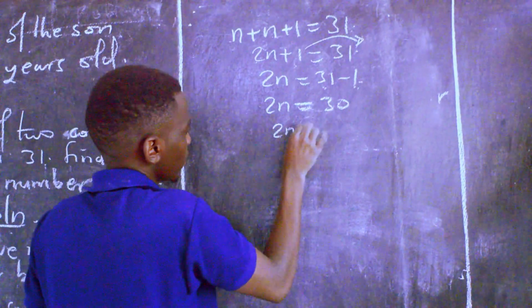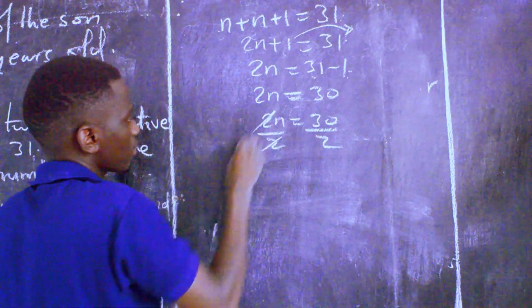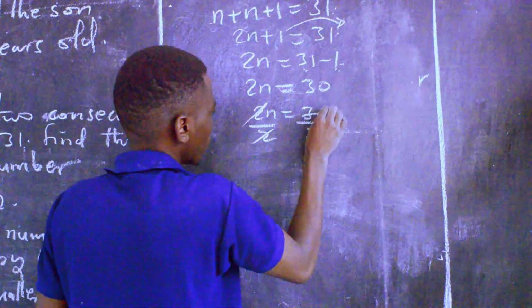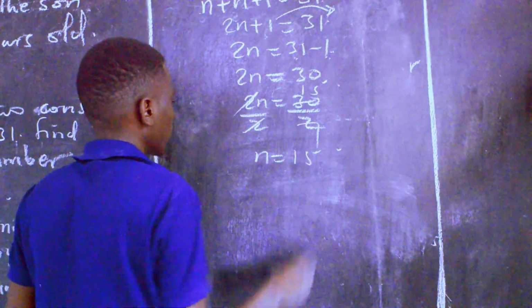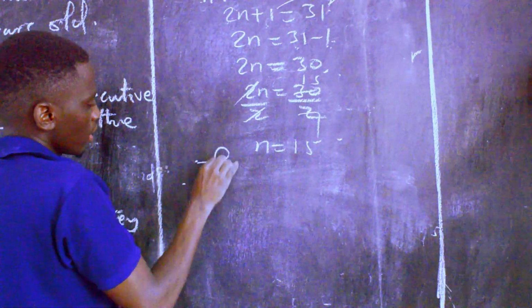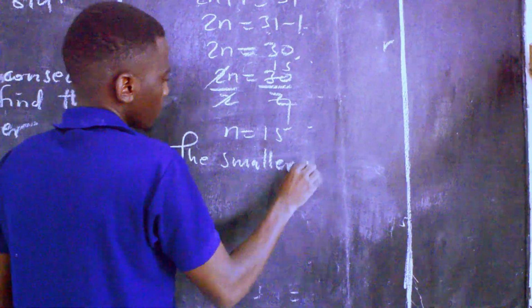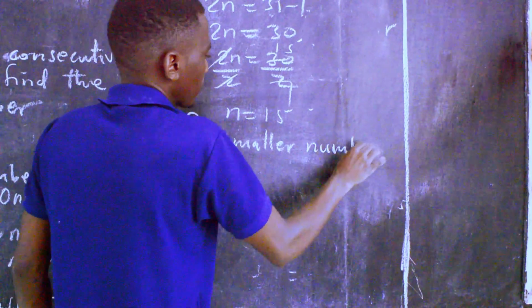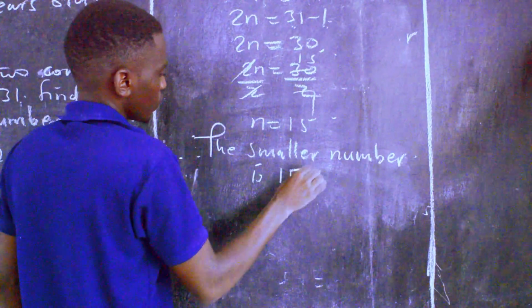So 2n is equal to 30, then divide by 2 on both sides. 30 divided by 2 is 15. So n is equal to 15. Therefore, the smaller number is 15.